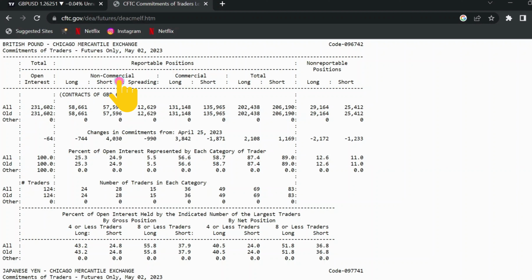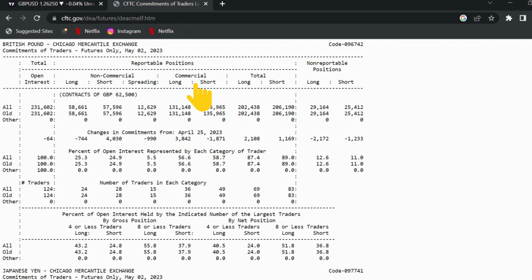So these are large professional groups who trade very large lot sizes or contract sizes. For the commercial group, these are just large banks who hold positions for themselves or their clients, and they are not in the market on a speculative basis.